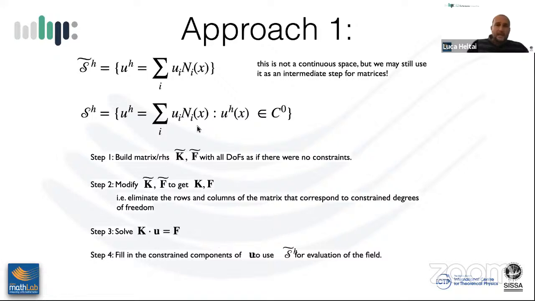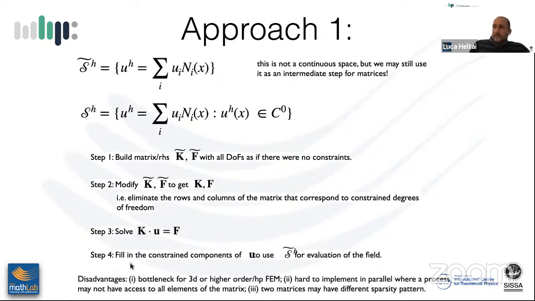So this is an approach that works very well, but it has a few problems and a few drawbacks. This approach requires you to modify the matrix after you have created it. This is one possibility, and it's exactly what the matrix tool apply boundary values does.